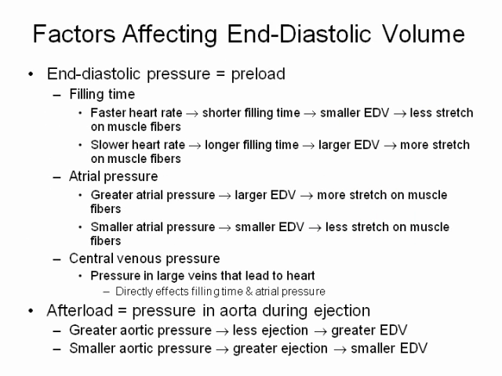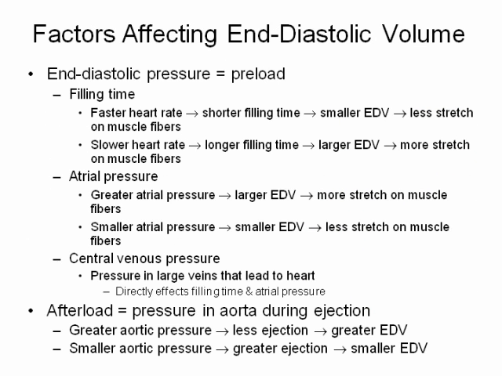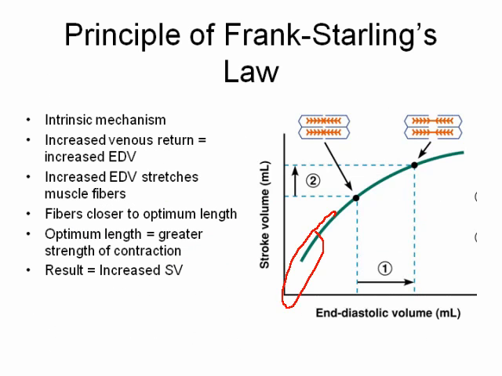So when you talk about these factors, you don't want atrial pressure and end-diastolic volume to get too large, nor do you want it to get too small. If it is too low, it's going to decrease your stroke volume. So it has to be maintained in some optimum range.